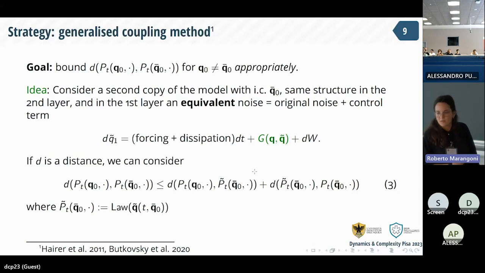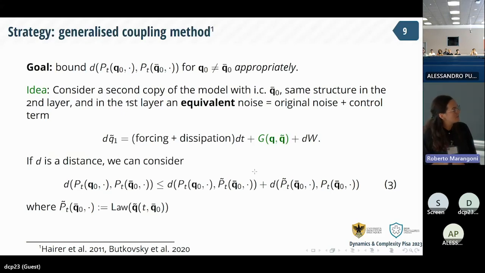To apply this theorem, what we have to do is to bound, in an appropriate Wasserstein distance, this quantity here. If we want to bound this, we have to control this part, and we have little wiggle room. We don't have a knob that we can actually play with, and so we really have to rely on the dynamic to show this.